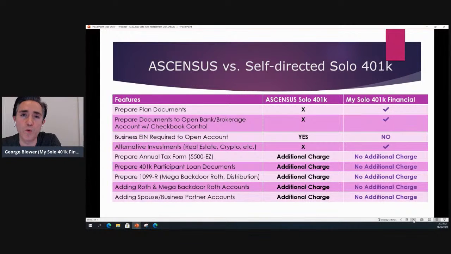So for example, if you want to have an account at, say, Fidelity or Schwab or another brokerage firm, or if you want to have a bank account, it'll be up to you to prepare all those documents. Whereas with our customers, we prepare all those documents as part of our services for no additional charge, as part of the onboarding process. So we're preparing, say, brokerage accounts at Fidelity or Schwab, where we pre-fill those forms.